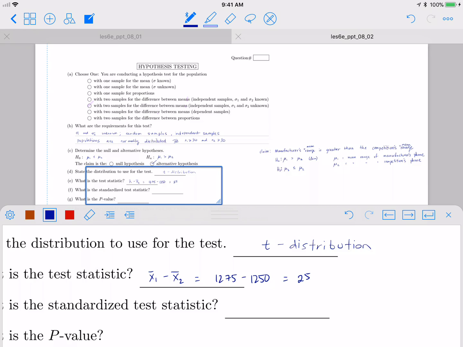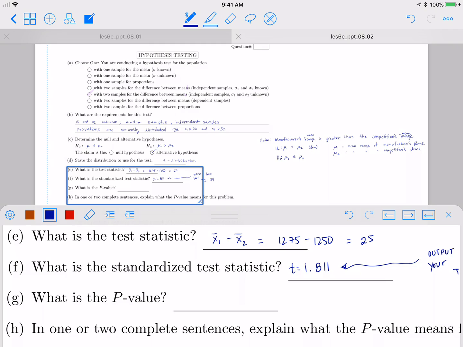What is the standardized test statistic? Okay, so for the standardized test statistic, it'll be t equals 1.811. And again, you can get this from your printout, the output from your TI-84 calculator will give you that. The p-value is going to be 0.0404.